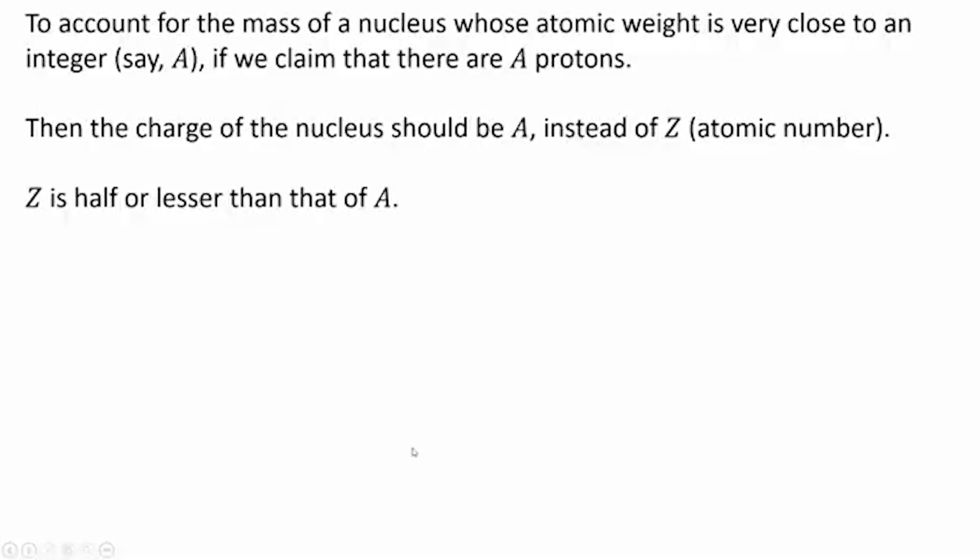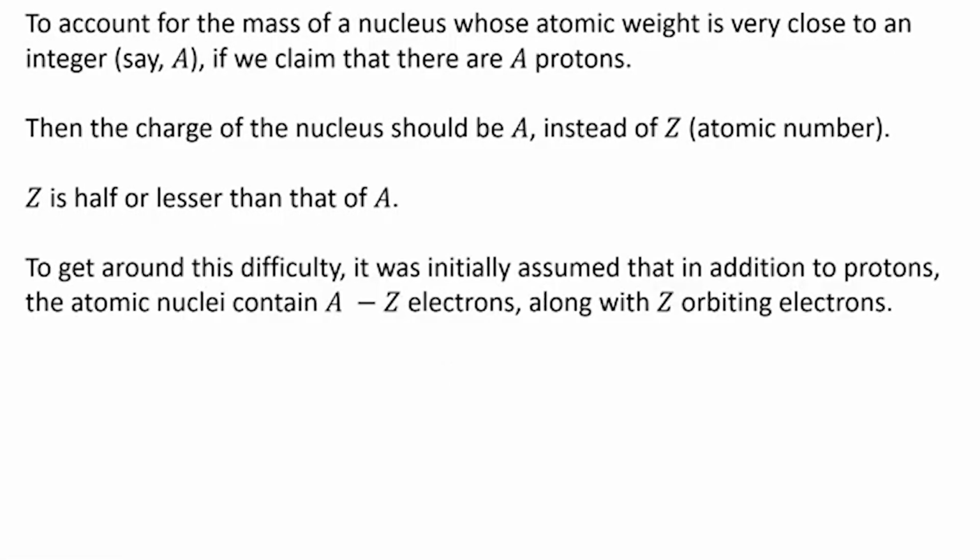So plus Ae and minus Ze would not compensate each other. As I said, Z is usually smaller, either half or lesser than A. So the charge neutrality is violated.